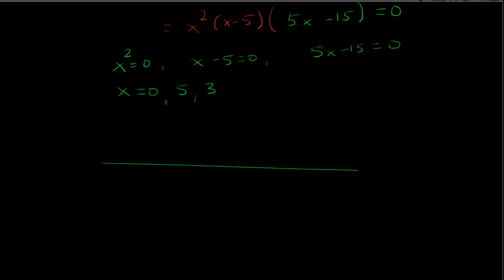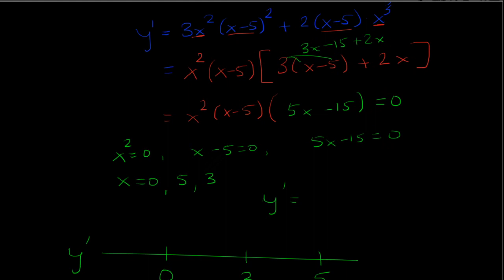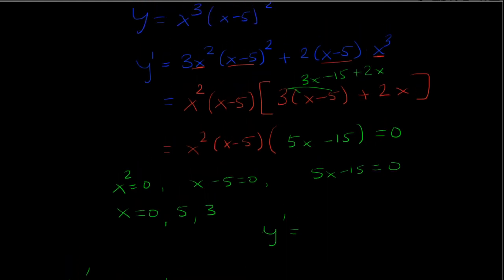And we're going to put all our critical points on here. I'm going to rewrite my derivative because I can't see it. And actually I'm going to factor out a 5 here. So that'll be x minus 3. That might be easier to work with.